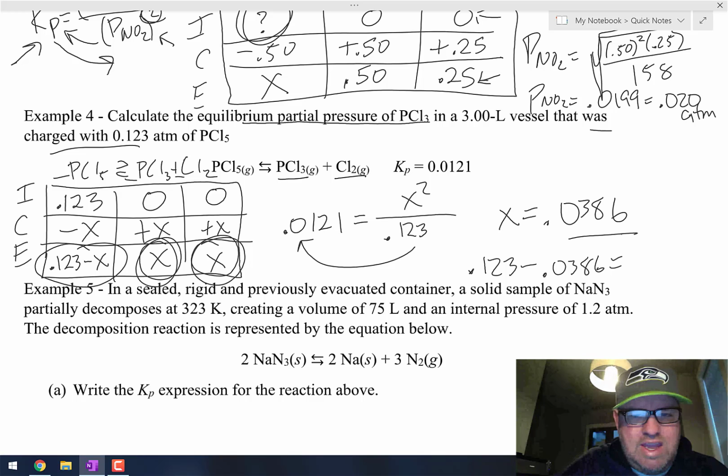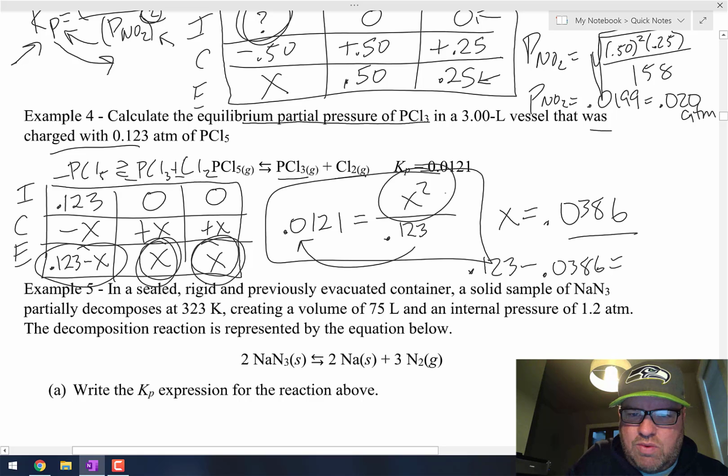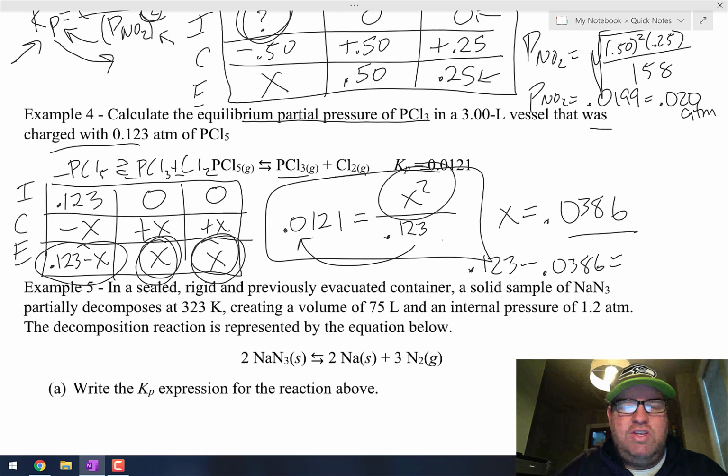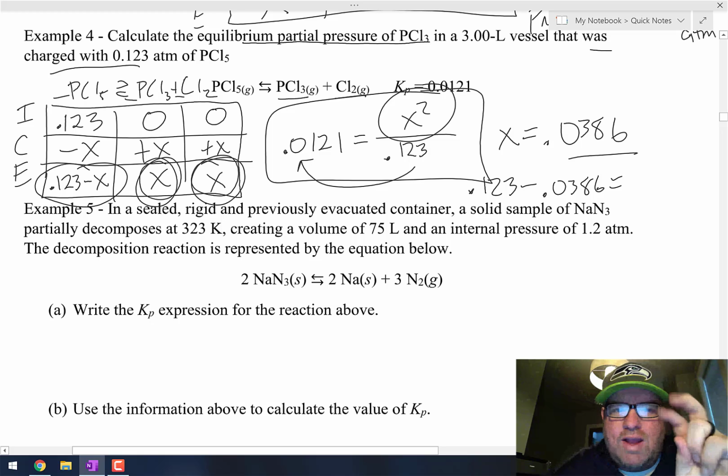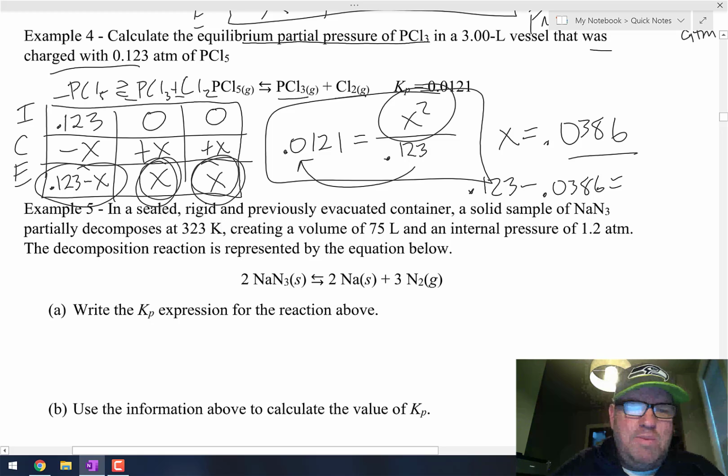The key is, anytime you recognize a problem like this, with an x squared on the top and that minus x on the bottom, you can always take that minus x out, and that results in a much, much easier math problem. Your answer is going to be slightly off from the correct answer, but on the AP test, they've specifically said no quadratic equation.